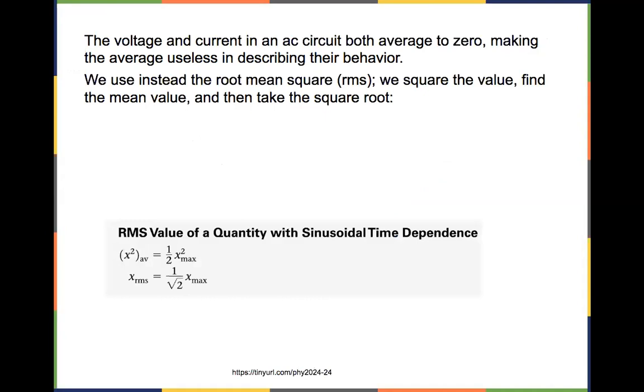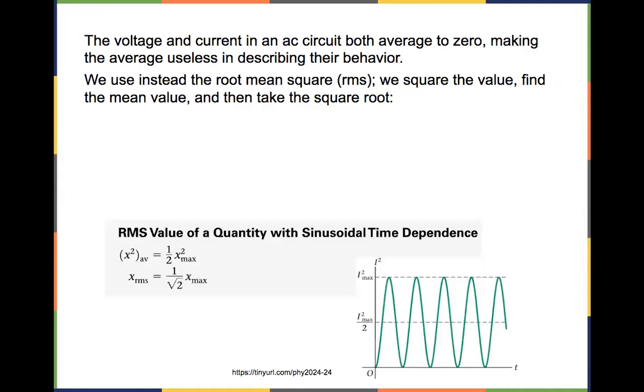Because the voltage and current are sine functions, at certain times they are positive and at certain times they are negative. If you average either the voltage or current, because it's a sine function, the average will go to zero. But in order to describe the average power consumed by a resistor, just using the average number doesn't help you much. We can actually derive this, and I think it's in the coming slides, but a very useful term to describe the average power consumed by a resistor is the RMS quantity.